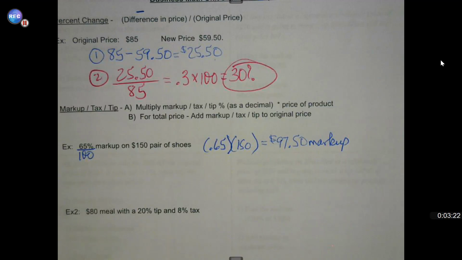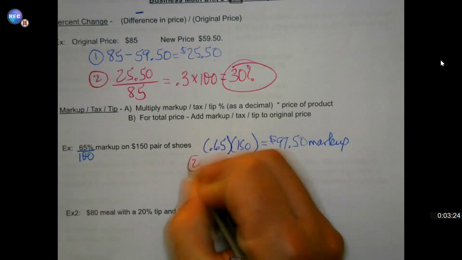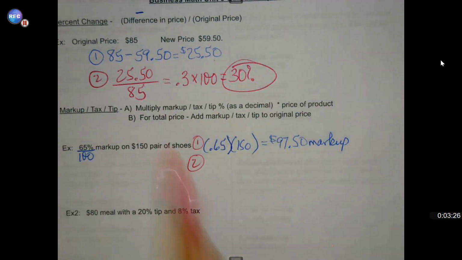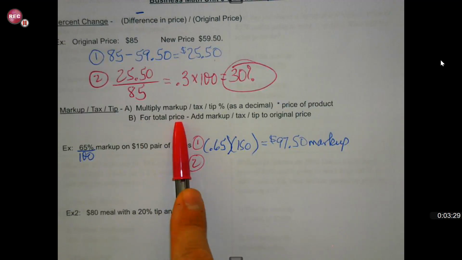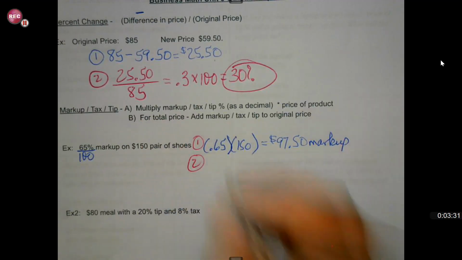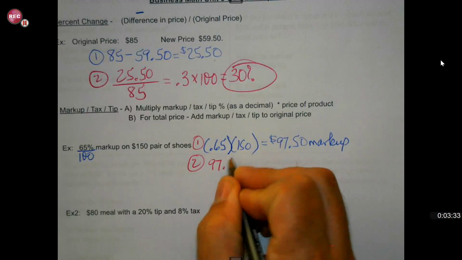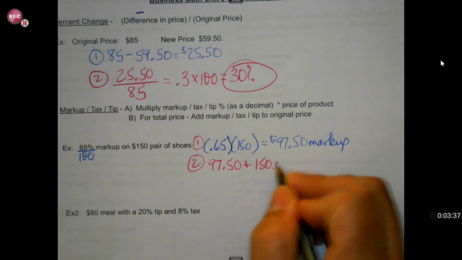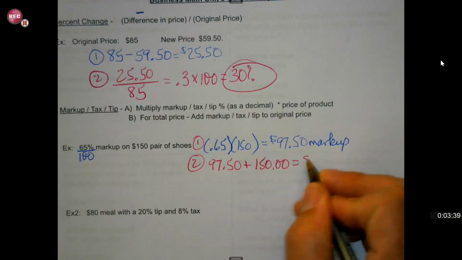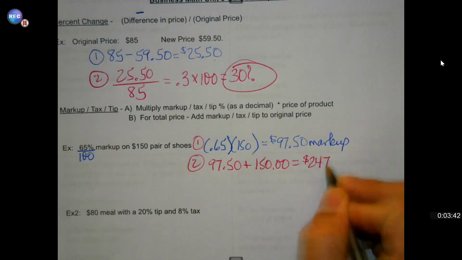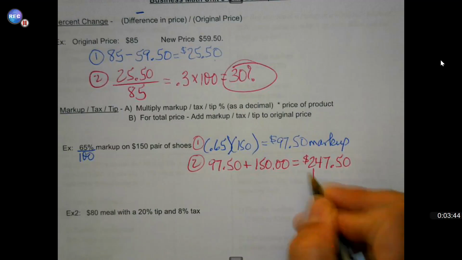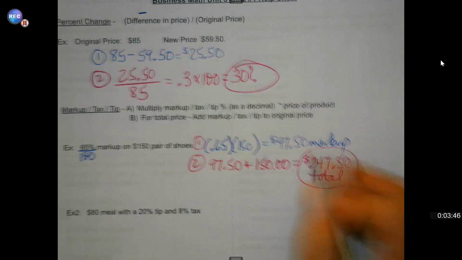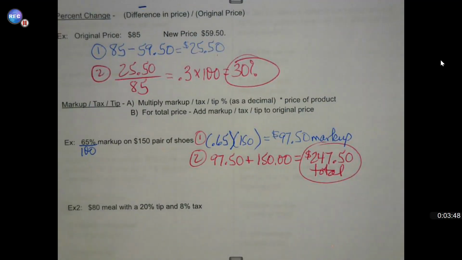So once I know what the markup is, for the total price, which is what we want, add the markup to the original price. So depending on what you're asked for in the problem, if you're just asked for what is the markup, you do step 1 and you're done.